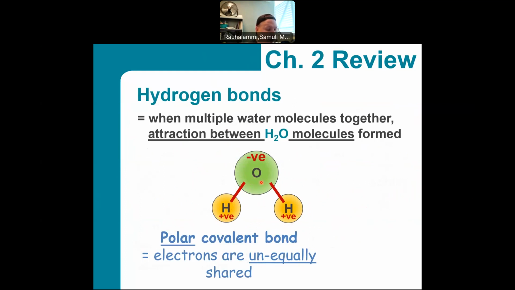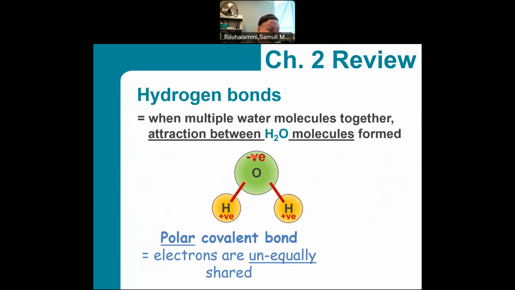So these hydrogens and oxygen were sharing a pair of electrons in both of these places where you see a single line, but these electrons were not shared evenly between the different components that make up this molecule. Rather, the electrons spend more time around the oxygen atom than they spend with the hydrogen atom.